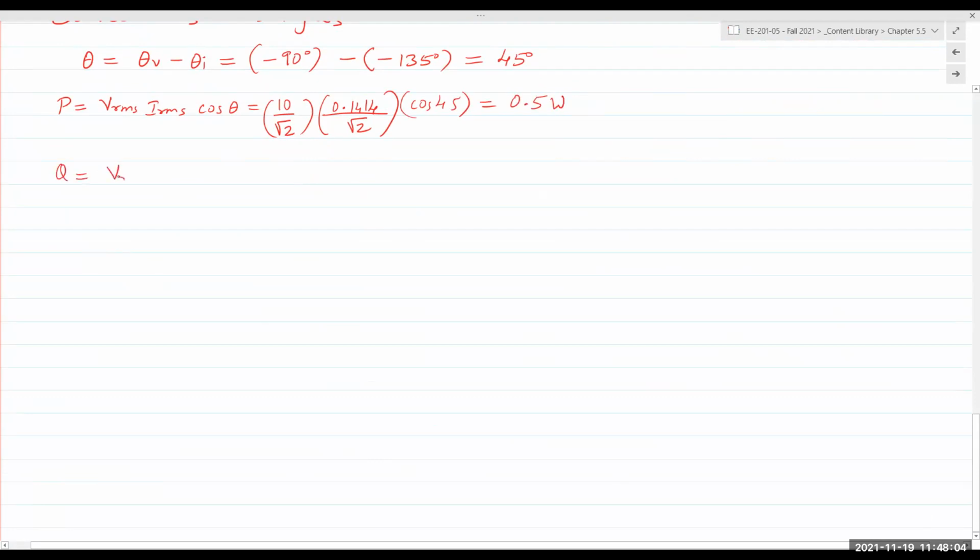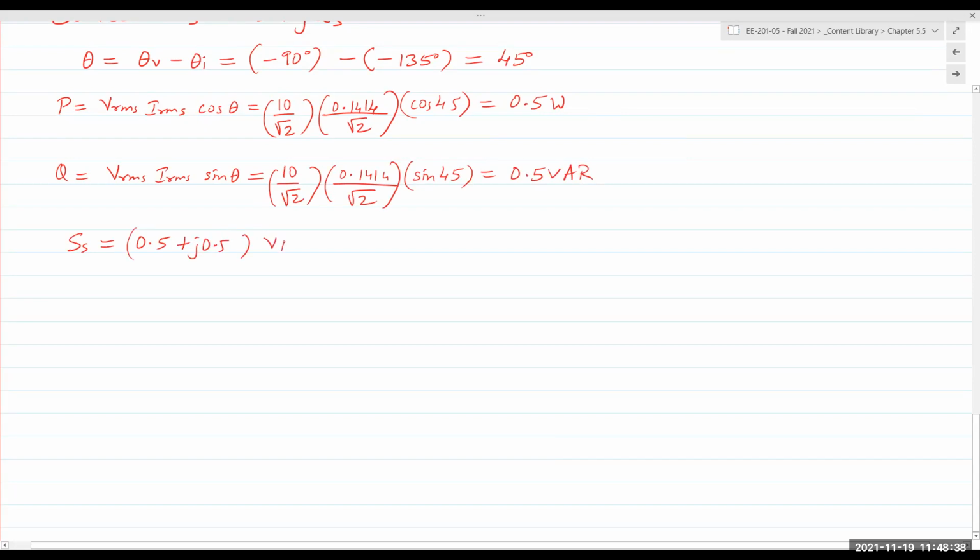Same thing with Q, and 0.5 VAR. So SS also turns out to be 0.5 plus J 0.5 VA.